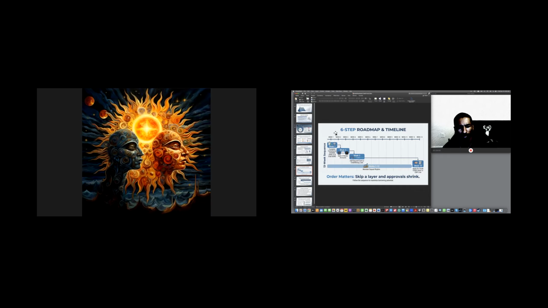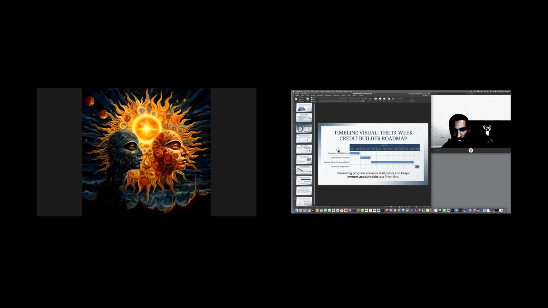Okay. And you want to do it in order, because if you skip a layer, then the approvals will shrink. But if you follow this roadmap, by the time it's time for you to apply for a small business or a small credit union loan with a CDFI, it's going to be very easy for you to get. All right.